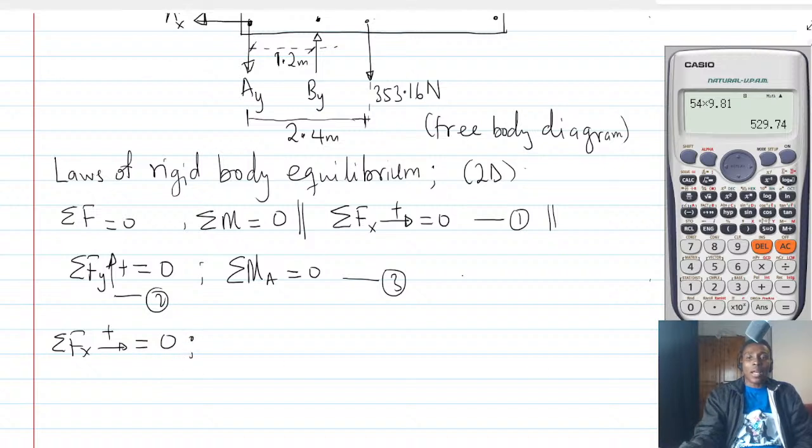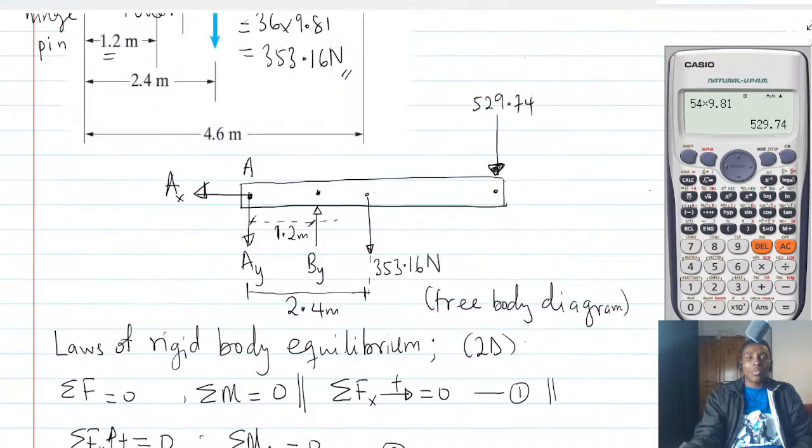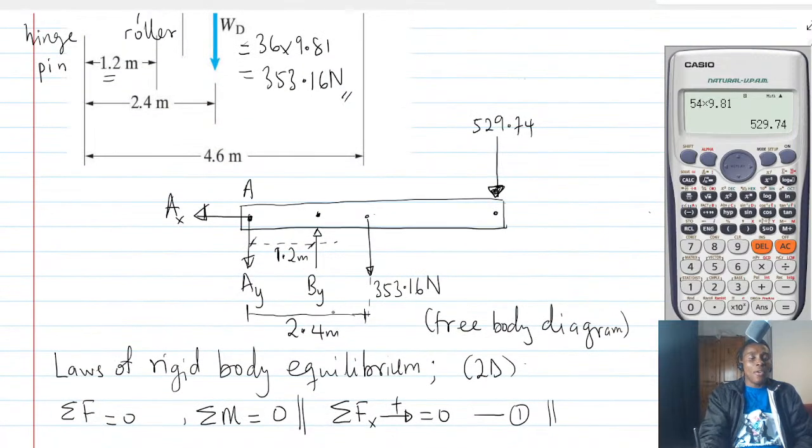So let's go back to the diagram. Then you ask yourself, is there any force acting on the body in the x direction? Okay, so this is your x and this is your y. Is there any force which is in the x direction?